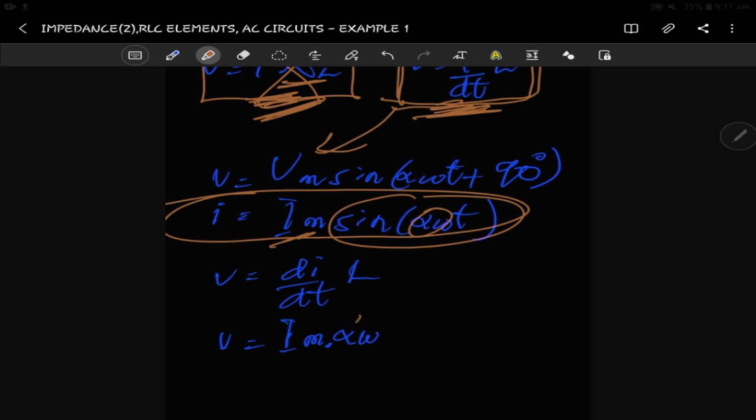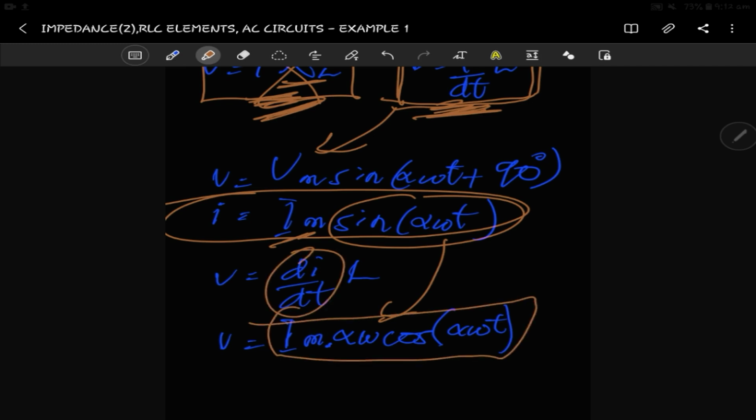And what we get on the inside will be cos. So this is just for the I: we found the derivative and it's giving us just this side. All this is I.